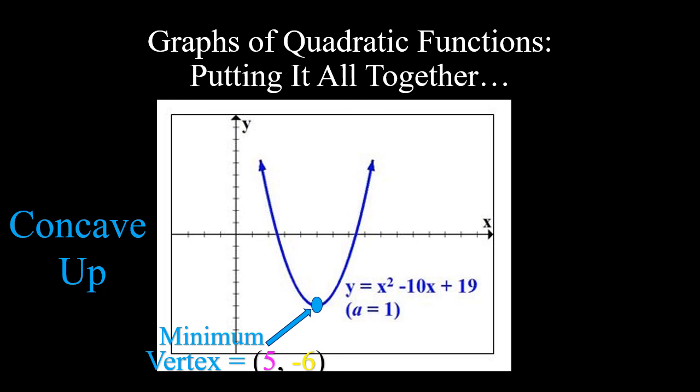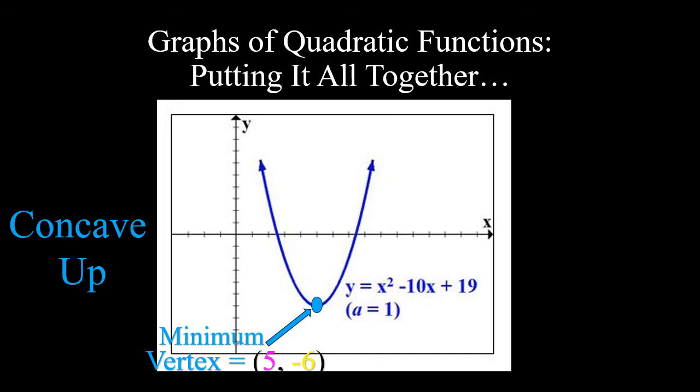For our graph, our vertex is (5, -6), and we found that by first finding the x value, which was equal to -b over 2a. That gave us 5. And then we plugged that 5 into our function, x squared minus 10x plus 19. Everywhere we saw an x, we plugged in 5, which gave us -6, okay? So that's how we figured out the ordered pair for our vertex.